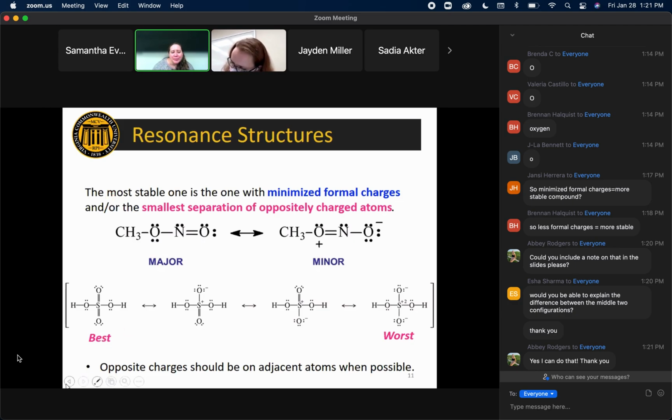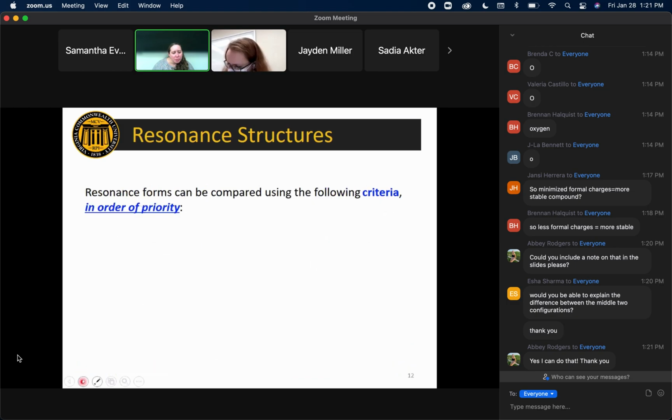Perfect. Thank you, Abby. Okay, so this is where we are with resonance structures and formal charges, trying to minimize them and trying to keep them close together as much as possible. Now, I just want to take a moment to put all this together and tell you, for thinking about resonance structures, you need to think about the following in order of priority.